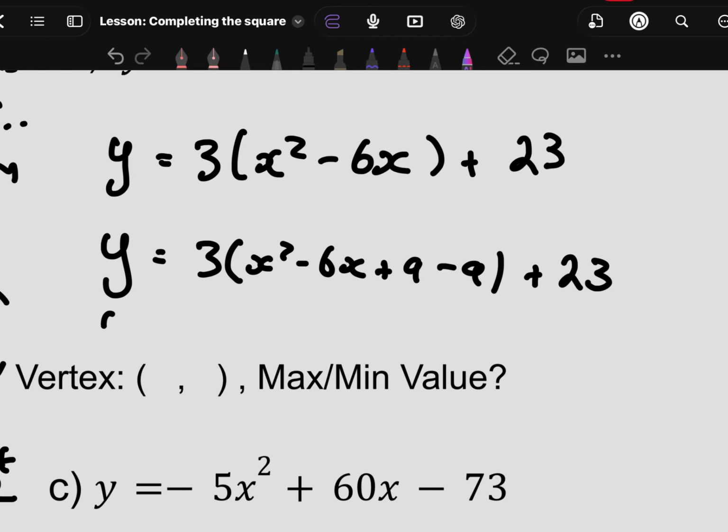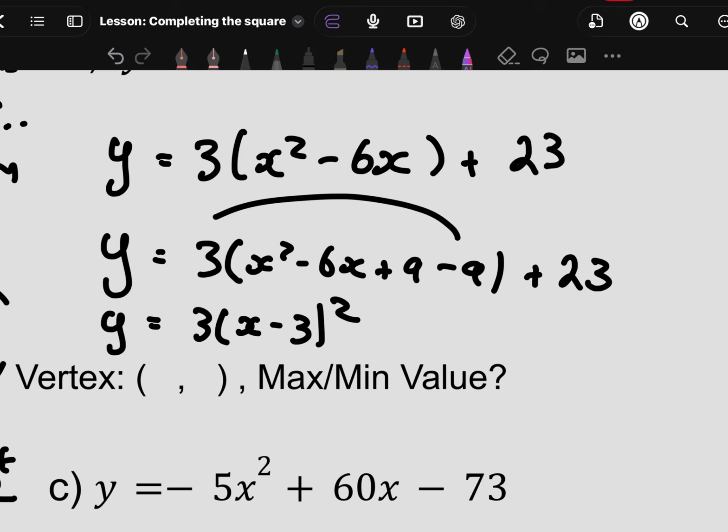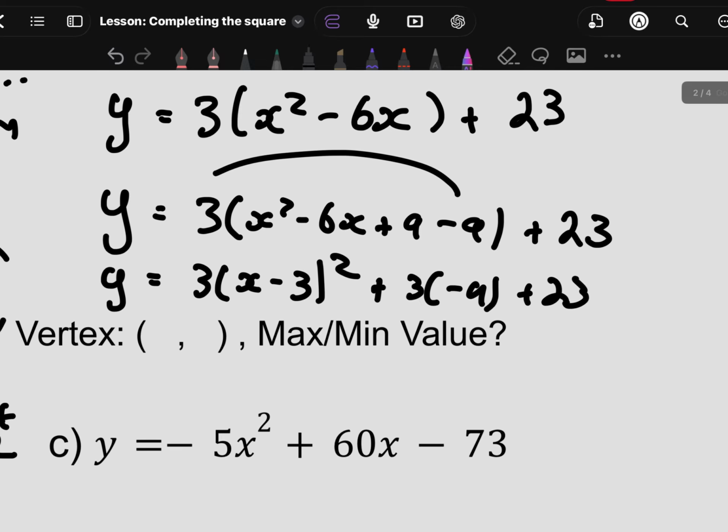Now we can use the perfect square trinomial, which is something you should already know. This gets us 3 times (x minus 3) squared. Then here we can multiply the 3 times the negative 9 and add 23. So this becomes plus 3 times negative 9 plus 23, and that becomes negative 4.